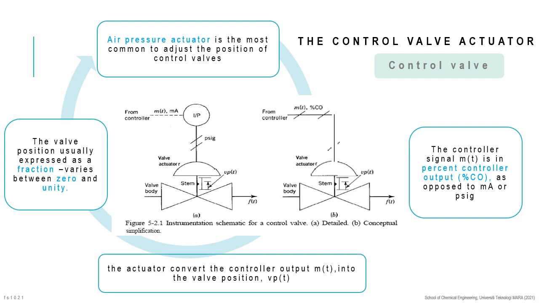In this diagram, the controller signal represented as MT is in percent controller output as opposed to mA or psig. The actuator, as shown in figure B, converts the controller output MT into the valve position, which is VPT. The valve position is usually expressed as a fraction that varies between 0 and unity.